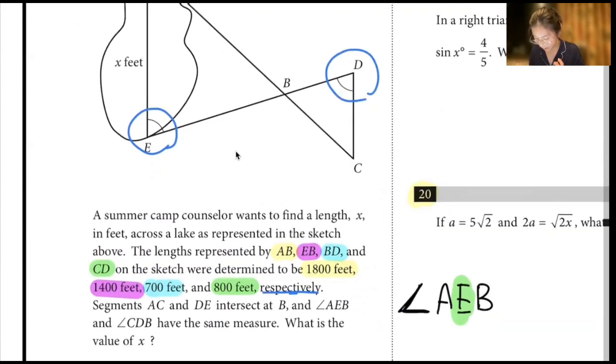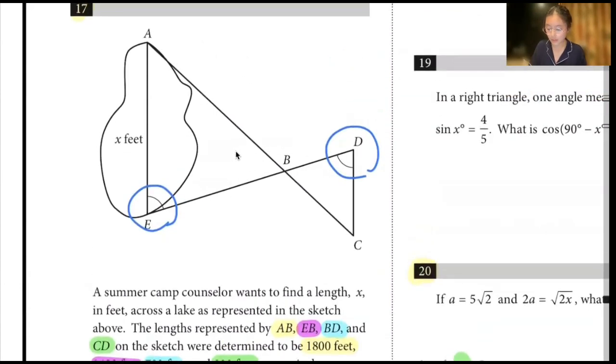It's saying they both have the same measure, so they have the same angle. And finally, they ask, what is the value of X? Well, where's X? We can see right here, X feet. So we're trying to look for this.